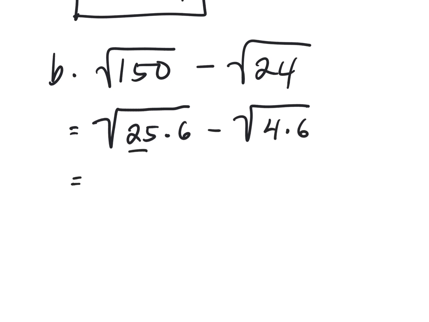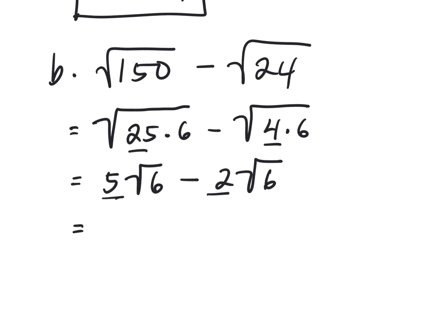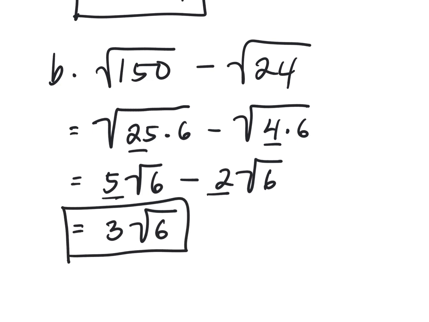So 25 is a perfect square, 4 is also a perfect square, so we can simplify that. That's going to give you 5 root 6 minus 2 root 6. Therefore 5 minus 2 is going to give you 3. Like terms, just copy them, root 6. So this is the final answer to that.